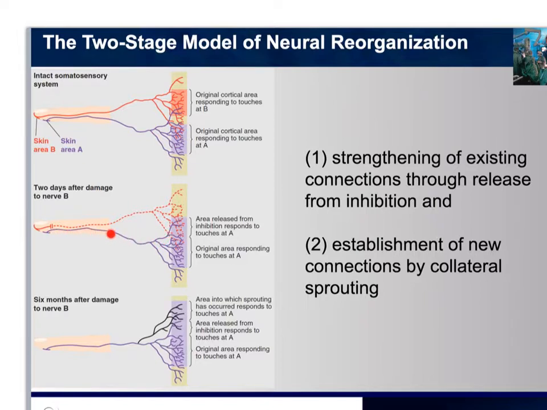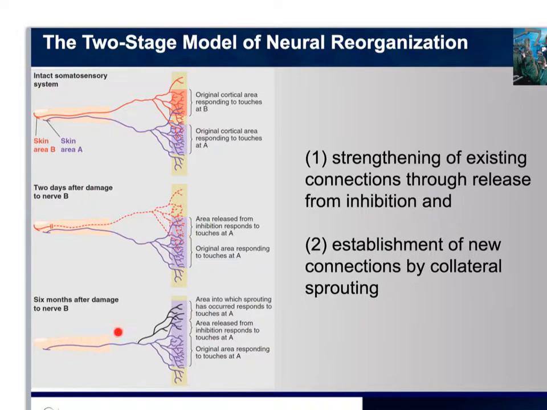Whereas area A continues to be the same, this begins to fall apart in here, and this begins to inhibit the responses at touch A. Notice how the expansion of area A continues to spread a little bit more to occupy that space that originally belonged to section B.